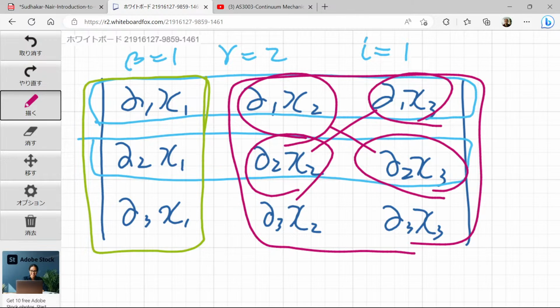So this is the cofactor of this. Very interesting.